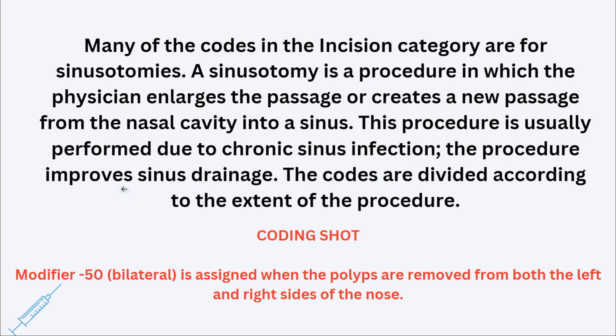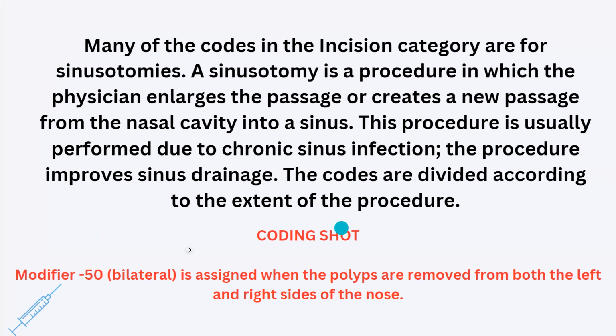The codes are divided according to the extent of the procedure. So one of the things that I want you to keep in mind when you're thinking about the respiratory section in the anatomy, and when you're coding, it's going to be broken down from the nose to the next opening. That's how the anatomic site is broken down.